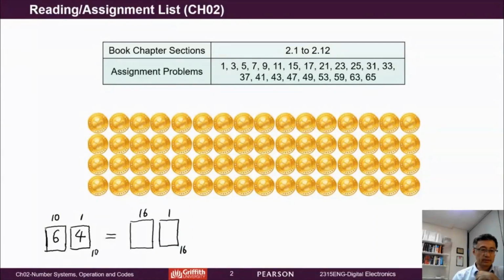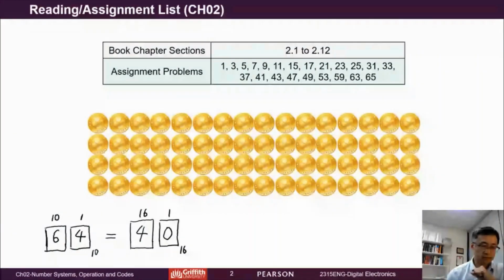Good. So in that case, we can count how many times here. Each time is 16, and we have 64, which means we have 4 carries. Here will be 4, here will be 0. So this is a new numbering system, which has a base of 16.